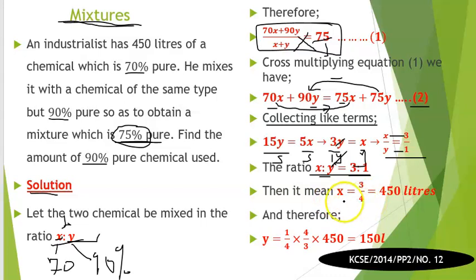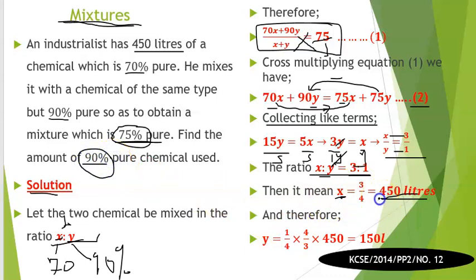Now, you are already given that x, which is 3 over 4, is equivalent to 450 liters. Remember, the 70% was 450 liters. So if 3 over 4 is 450, the remaining 1 over 4 will be for the 90% concentration.